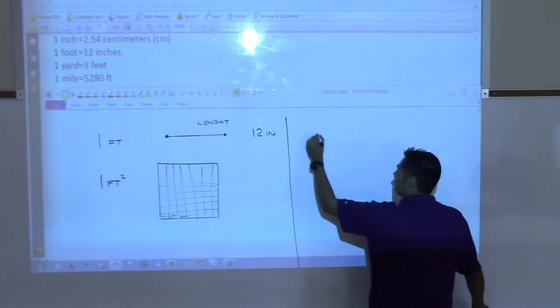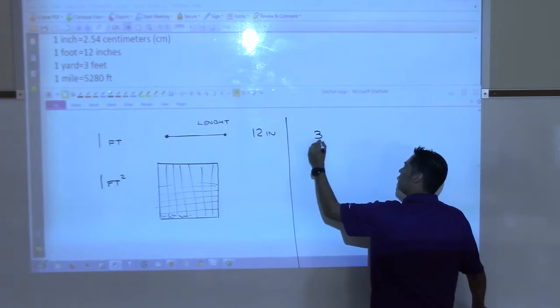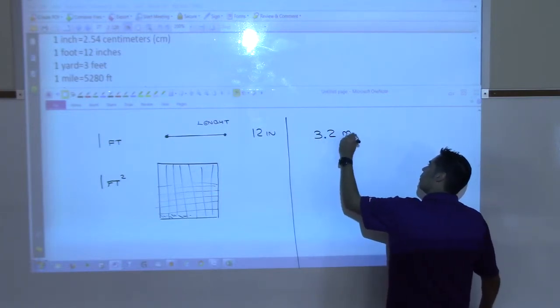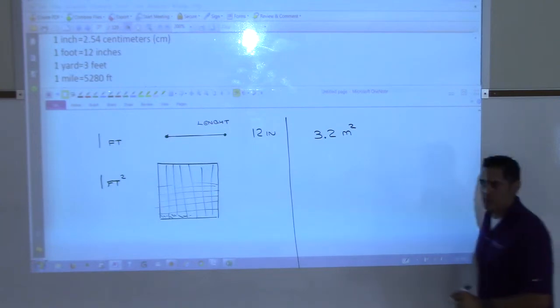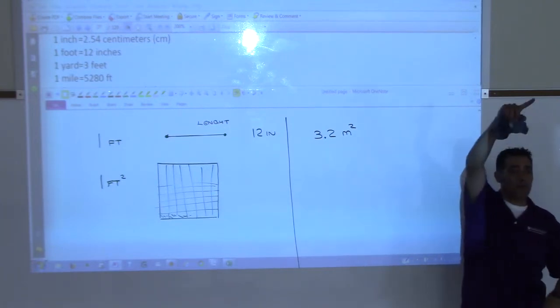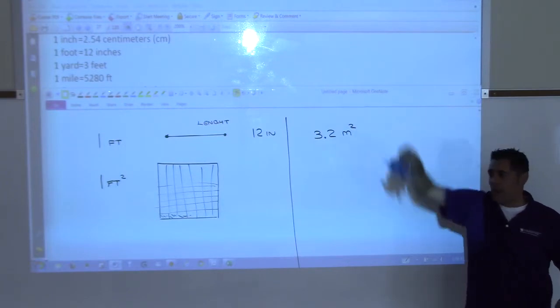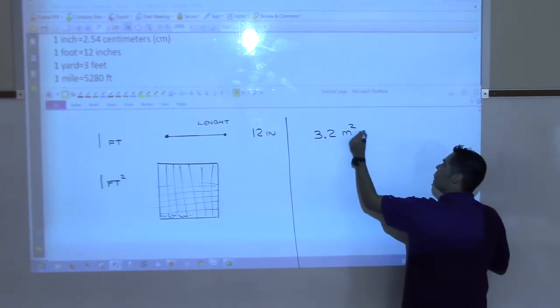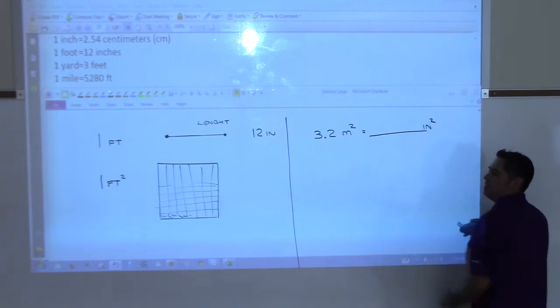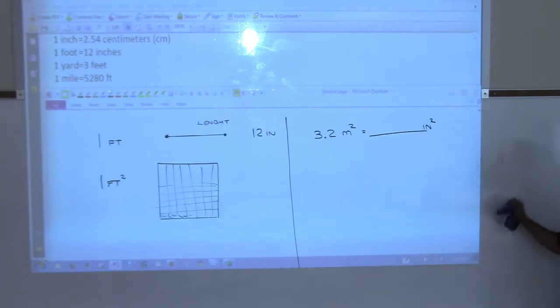What if you have 3.2 square meters? That's 3.2 meters this way, 3.2 meters that way, this box. I would like to know how many square inches that is. So this can be very different than what we just did.